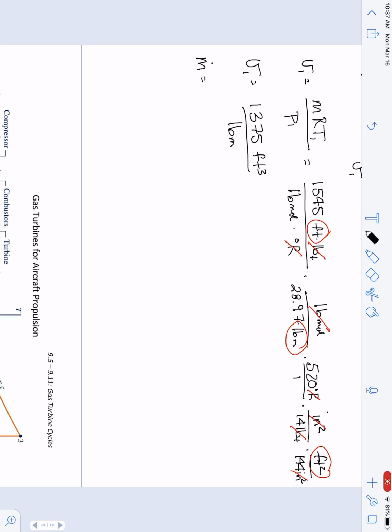So my mass flow rate is my volumetric flow rate. I'm going to put this in pounds mass per hour because that's going to make the conversion from BTUs per hour to horsepower a little bit easier. And then divide it by the specific volume.